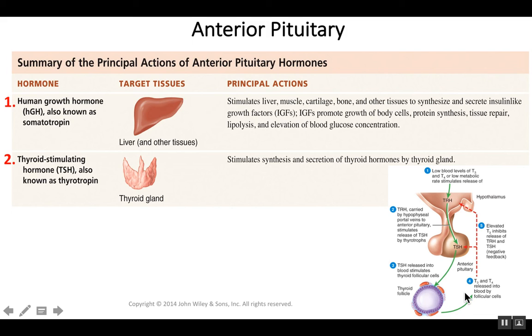This is a very common theme between the hypothalamus and pituitary, in that there are hormones facilitating the production of another hormone that facilitates the production of another hormone. In fact, there's a name we give to hormones that stimulate other hormone production, and that is tropic hormones.